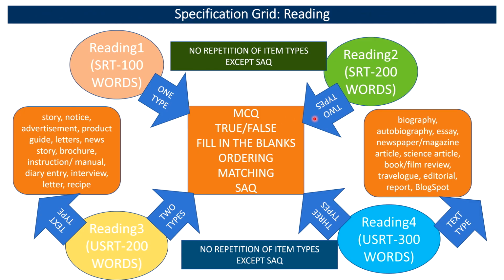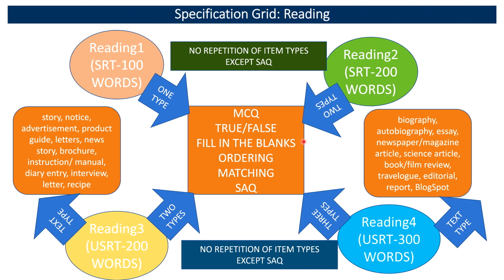There will be 2 types of questions asked. So in reading 2, you will be asked either multiple choice question and true false or true false and fill in the blanks. So this way only 2 types of items will be asked.